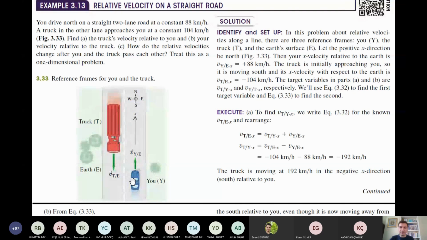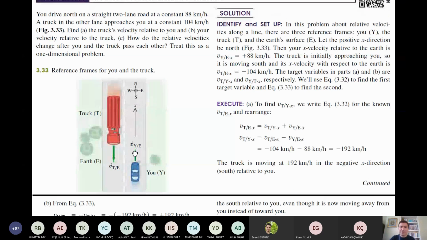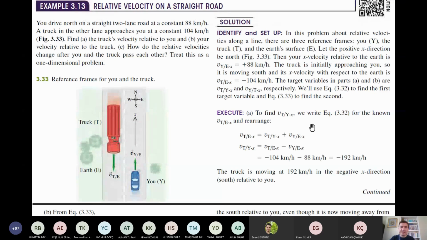These are the questions. So the solution, first of all, you should define an axis. Here, the positive x direction is chosen along the north. Okay, this is the positive x. And then your x velocity relative to the Earth is plus 88 km/h.